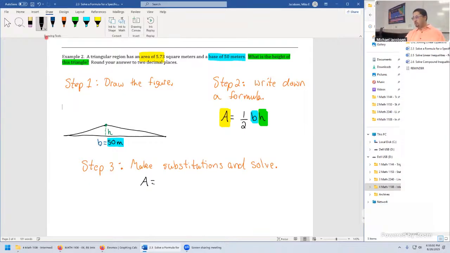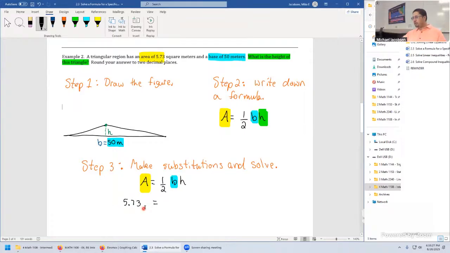I'm going to copy it down below here so we have some ample space to solve. So follow the color coding. In place of the area, we were told A for area is 5.73. It's m squared for square meters if you'd like to put it in.